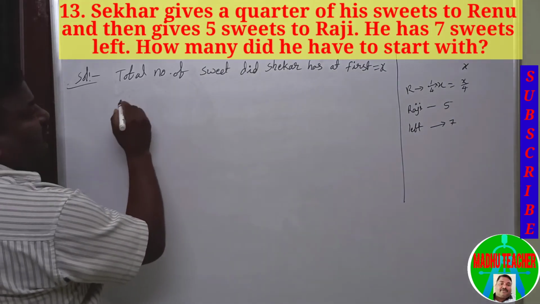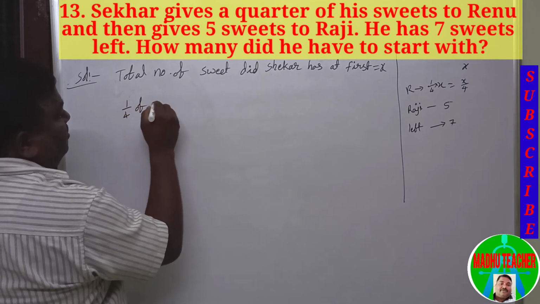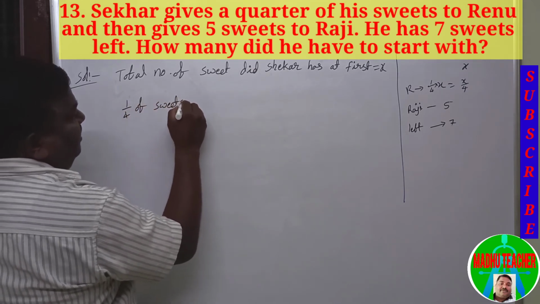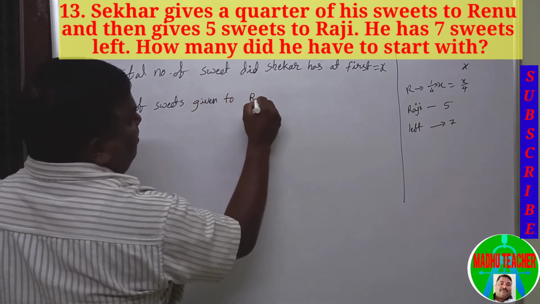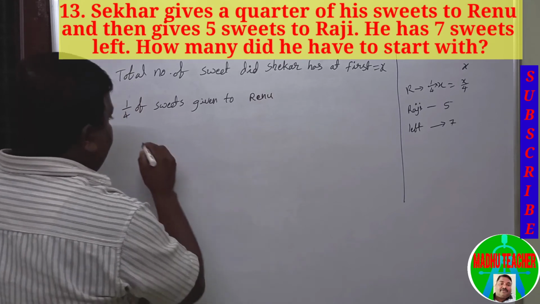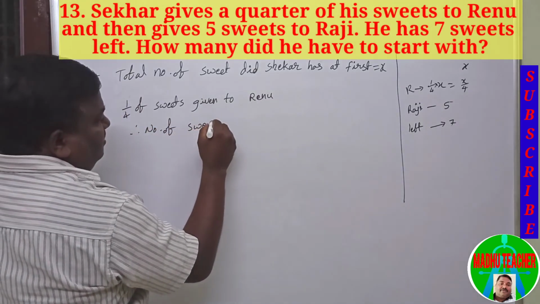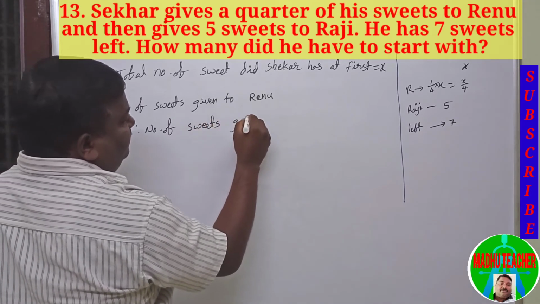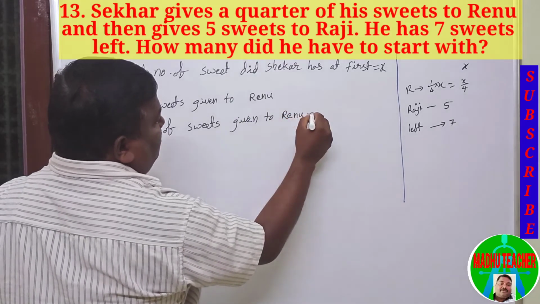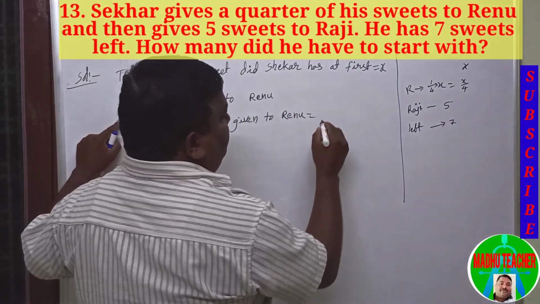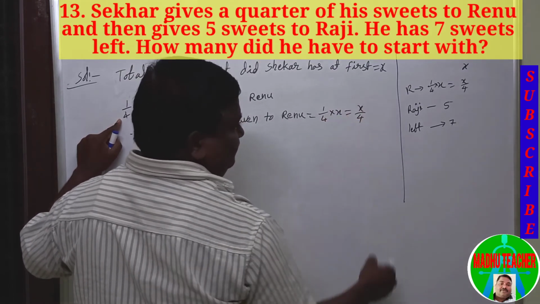Next, quarter, that means 1 by 4 of sweets given to Renu. Therefore, number of sweets given to Renu, that is quarter, 1 by 4, 1 by 4 into x, that equal to x by 4.